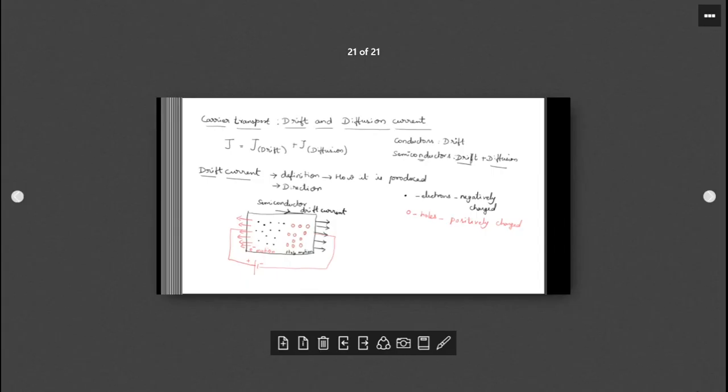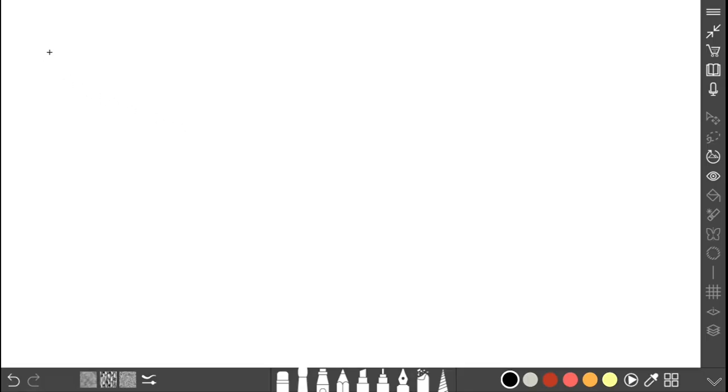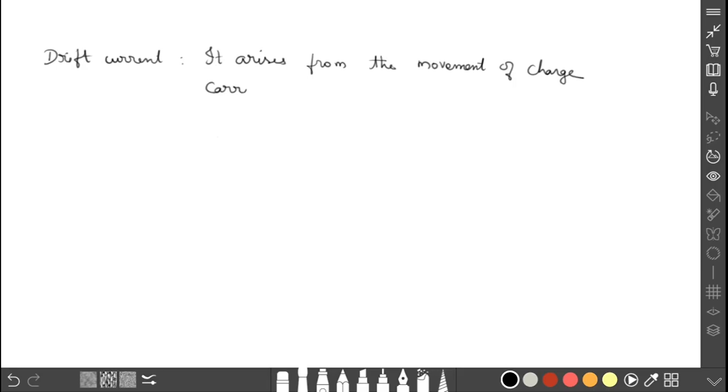What is the definition of drift current? Now listen: drift current arises from the movement of charge carriers in response to an applied electric field.